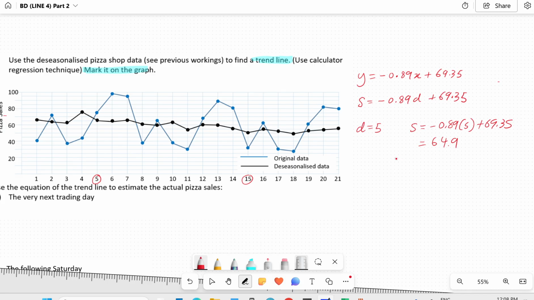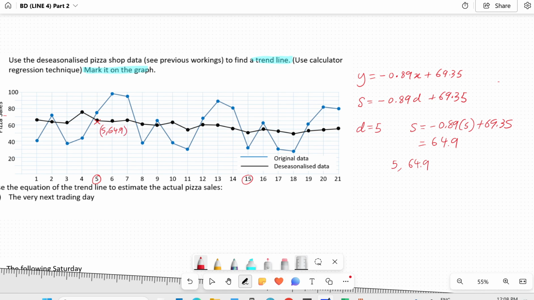So that means that one coordinate point on this line is at 5 and 64.9. So I can mark that on the graph. 64.9 is about there. I'll just mark it. So that is the coordinate 5, 64.9.